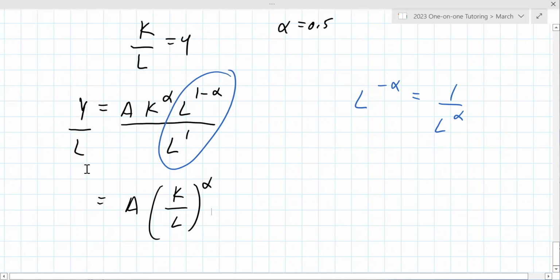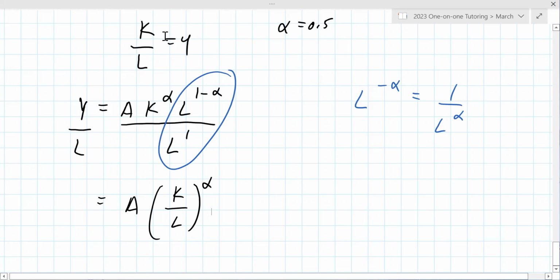I don't know why it's Y over L. It's probably a very simple thing, but I really have no idea. It would make sense if it was per capita, because Y is GDP, like output. So output over the labor. Yeah, that's what per capita is.